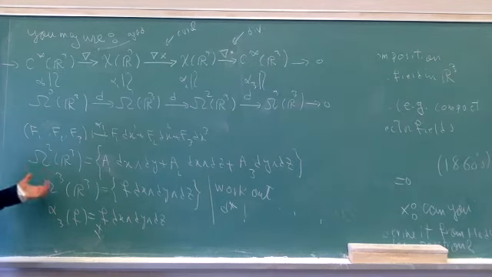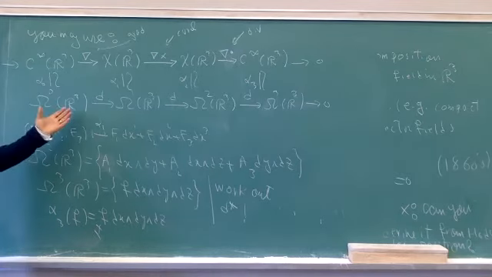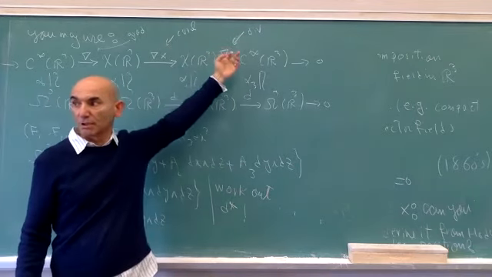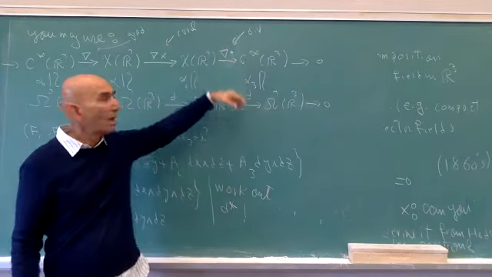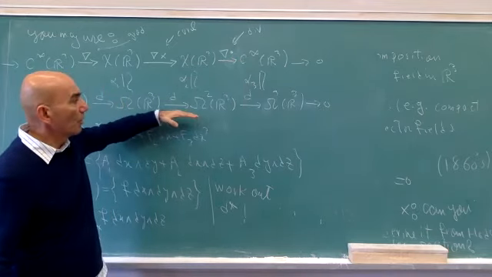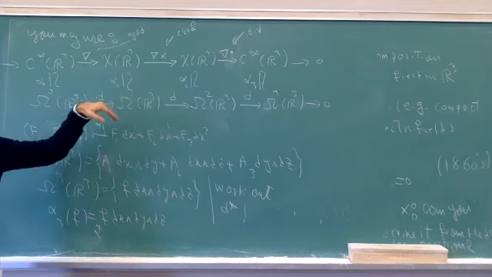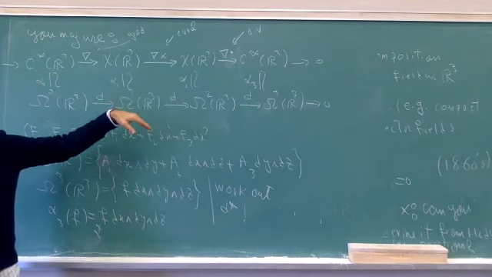But if you check this, at least something should be clear. Namely, cohomology of this chain complex is going to be cohomology of that chain complex up there. And we know the cohomology of this chain complex. This is trivial except in dimension 0. This is by Poincare lemma.